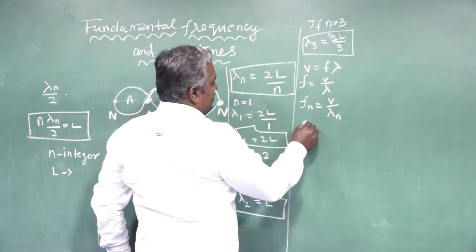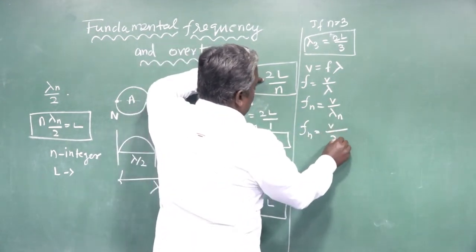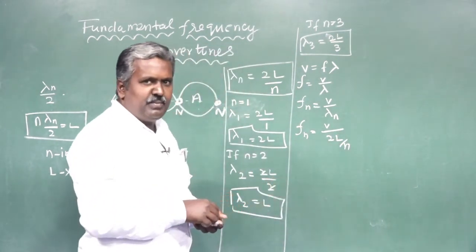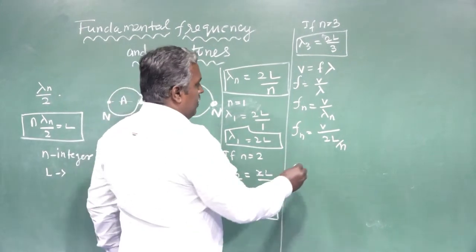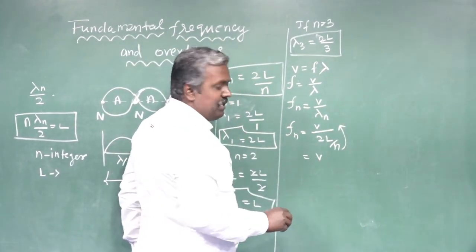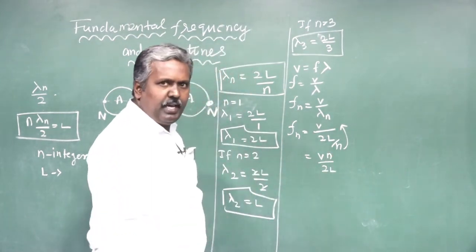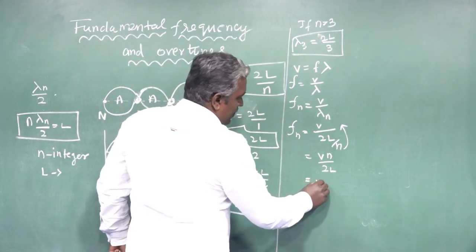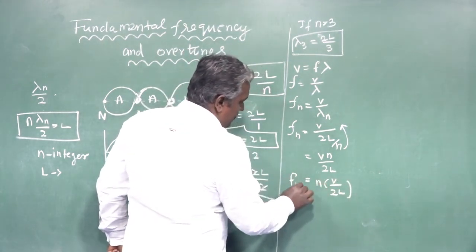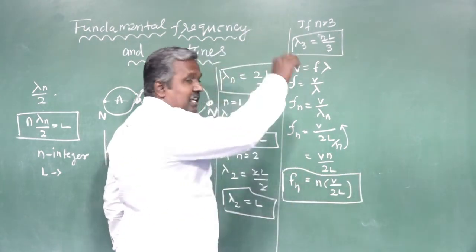Now we get f n is equal to V by 2L by n, which goes upside, so f n is equal to n V by 2L. Okay, that's all.